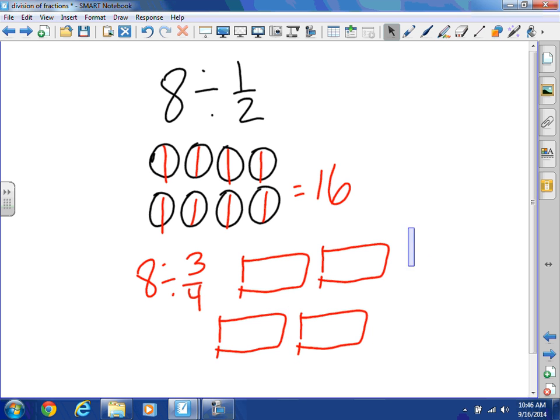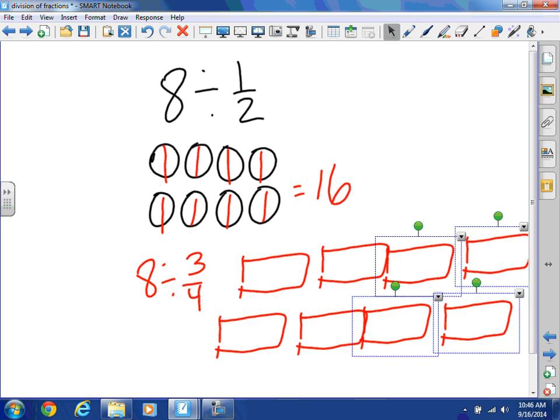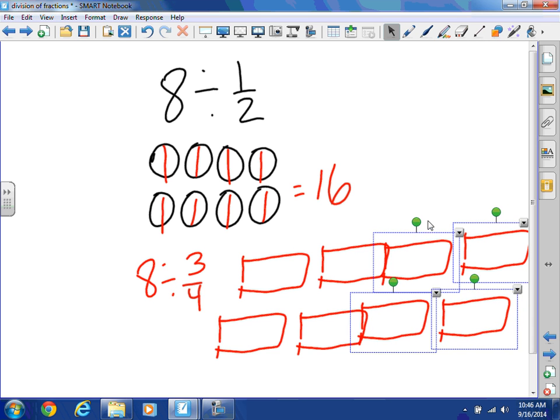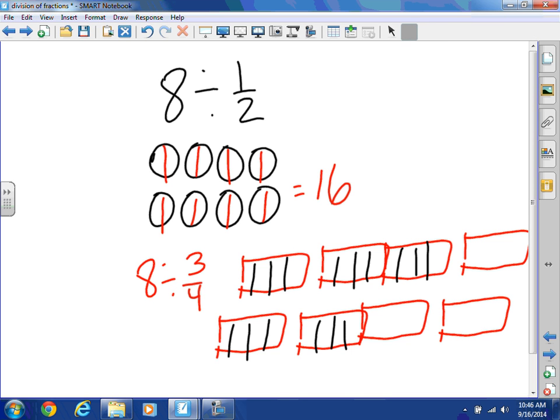So there's 4. Now clone the whole thing, and that's 8, right? Here I'm dividing it into fourths, right? But I can only color in 3.